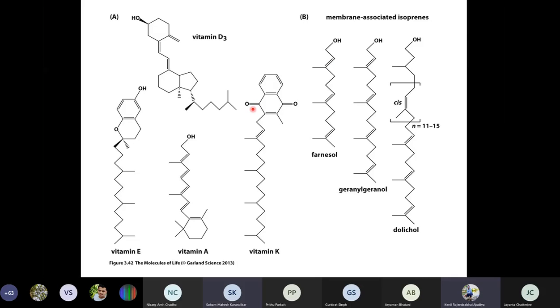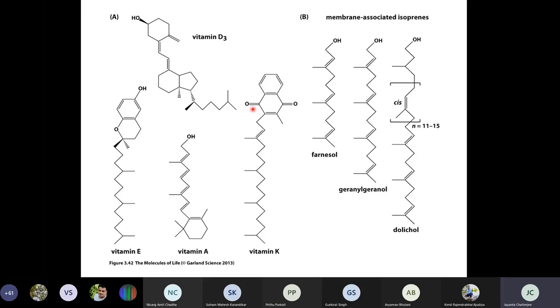Anything else? Sir, only the membrane-associated isoprenes can undergo such reactions, or can the vitamins also undergo such reactions? Although they look similar, I am not aware of any vitamins undergoing this kind of reaction.